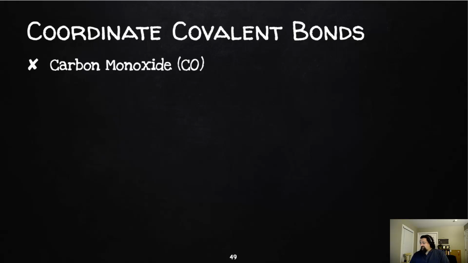So, if we take a look at carbon and oxygen and we draw their normal Lewis dot structure, we're going to get a problem when we try to bond them, right? Because we make one bond here and we make one bond here.